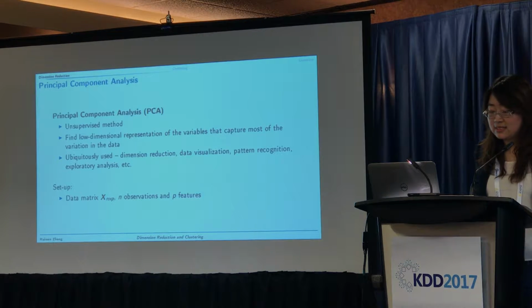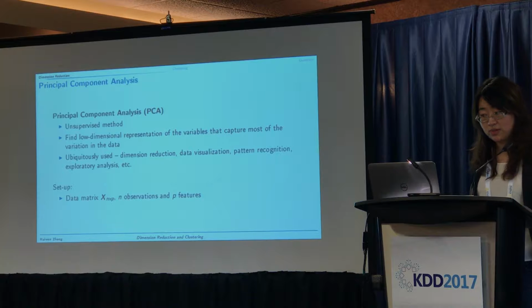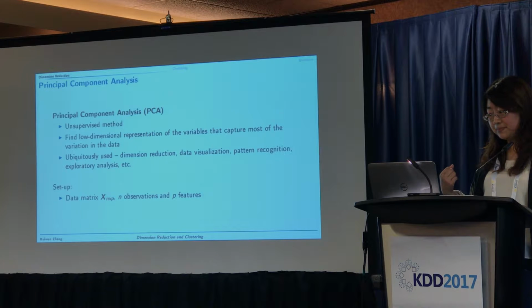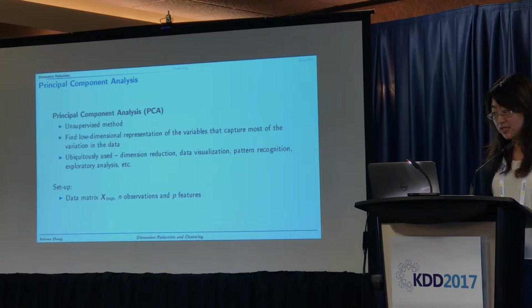Principal component analysis, of course, is the most famous one among all those I mentioned. PCA uses the dependency between variables to represent the data in a lower dimensional form without losing much information in terms of the variation in the data. And PCA has been widely used for dimension reduction, data visualization, pattern recognition, exploratory data analysis like clustering, and so on.